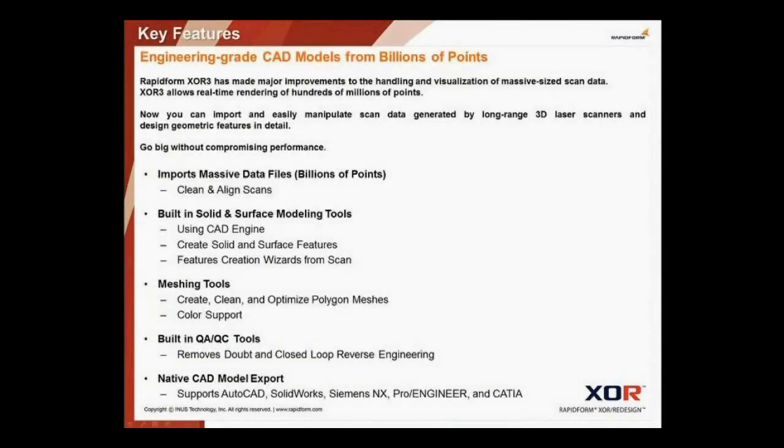Okay, so we generate engineering-grade CAD models from billions of points. That means we have no hardware-coded limit of point handling. That means if you have a powerful computer, then you can load almost any scan data size to your computer. It's only limited by hard drive and computer memory.